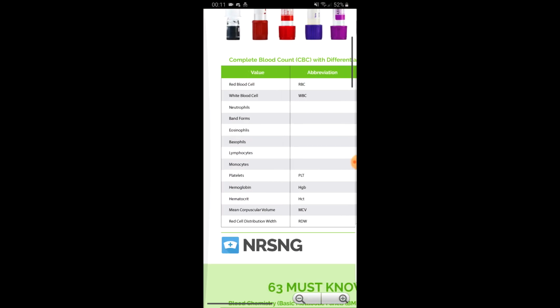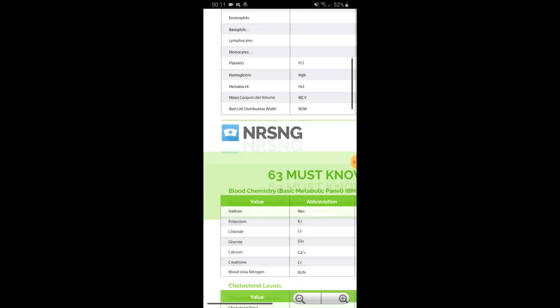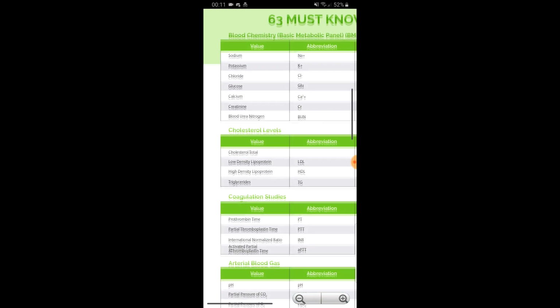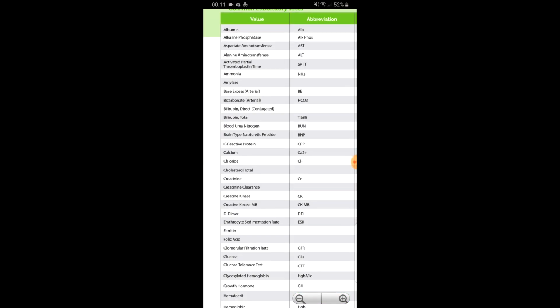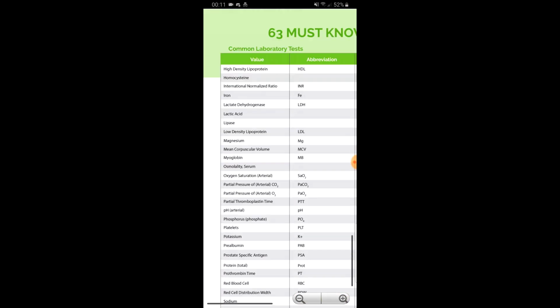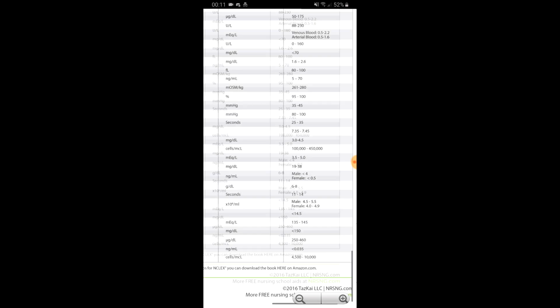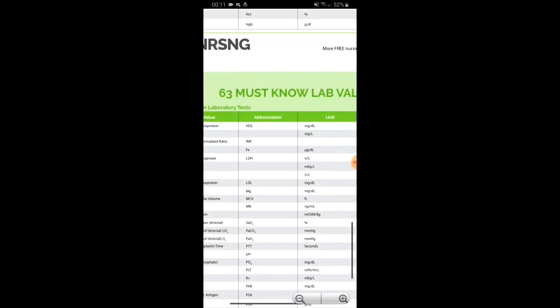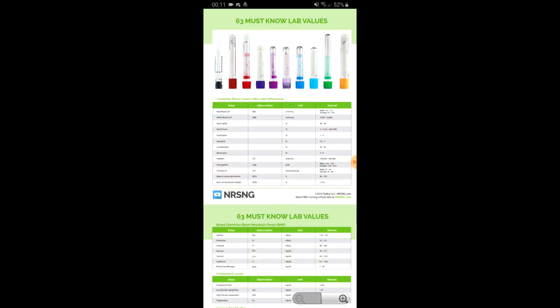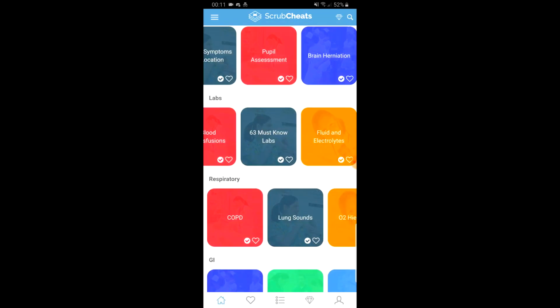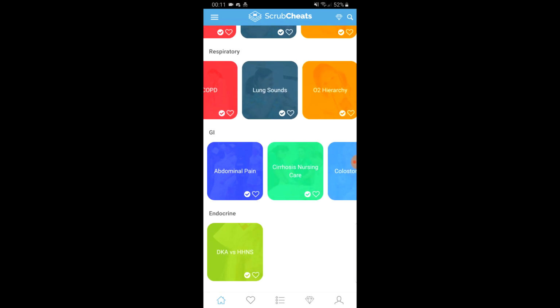It's got stuff from, like I said, red blood cells all the way to sodium, your pH values, bilirubin, everything literally. It's got its normal values and what units it's measured in. Literally, this has helped me so many times. It's freaking great. And there are many more areas such as respiratory, GI, and endocrine.